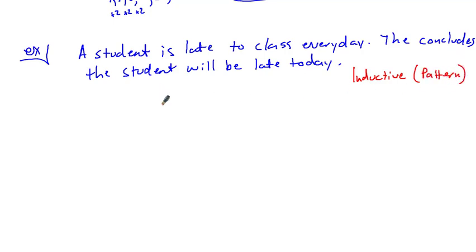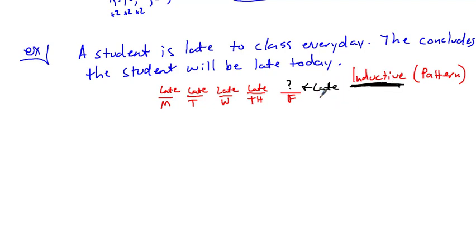The teacher said on Monday he was late. On Tuesday he was late. On Wednesday he was late. On Thursday the same kid was late. So when Friday comes around, what do you think the teacher's going to say? Well, she's going to say, this guy's going to be late again. But that's inductive reasoning.